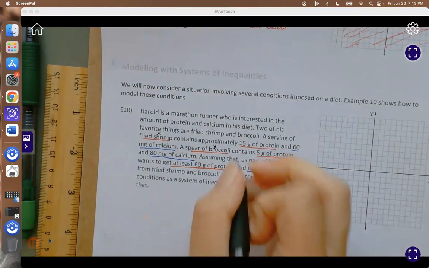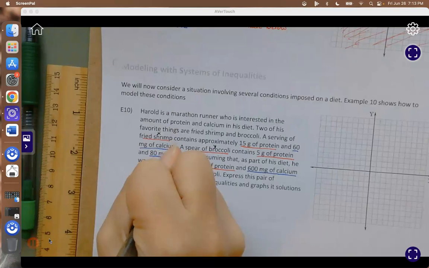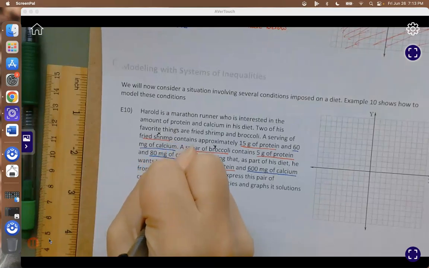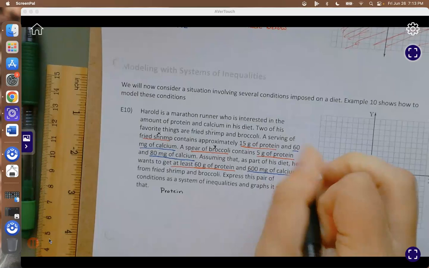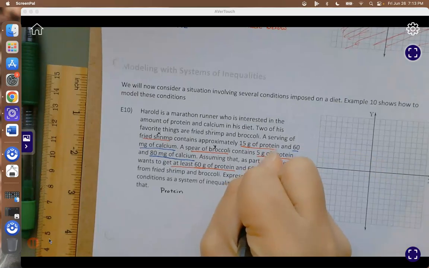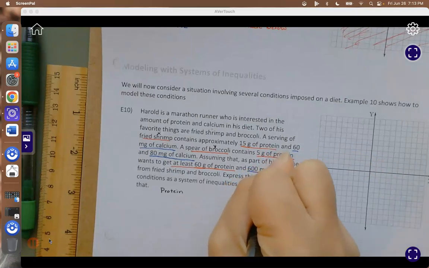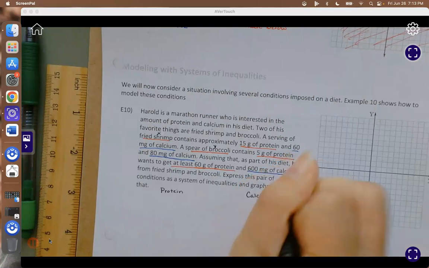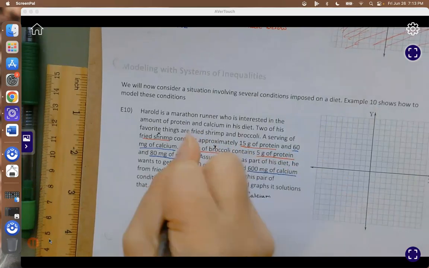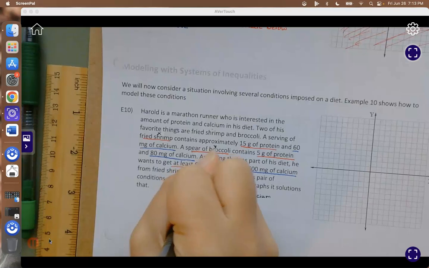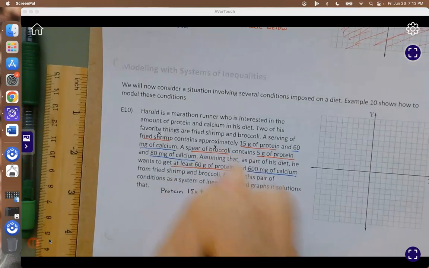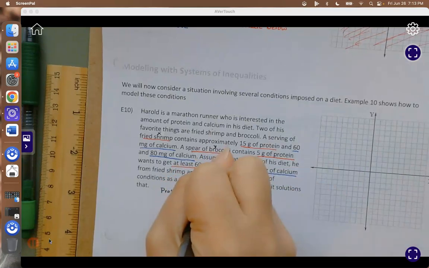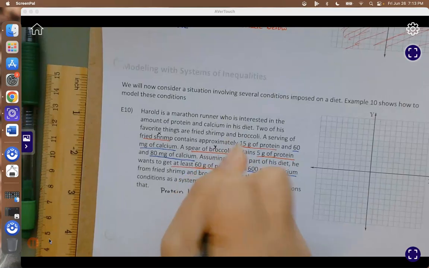Alright, so we're going to make an equation for protein and one for calcium. So protein, 15x plus 5y, and at least that means he wants that or more, so greater than or equal to 60.